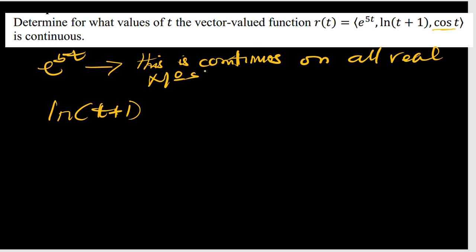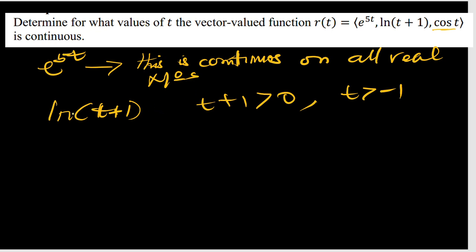So for this to be defined, the value of t plus 1 should be greater than 0. And this will imply t should be greater than negative 1. This means anytime we throw in a number that is greater than negative 1, the value of t plus 1 will be greater than 0.